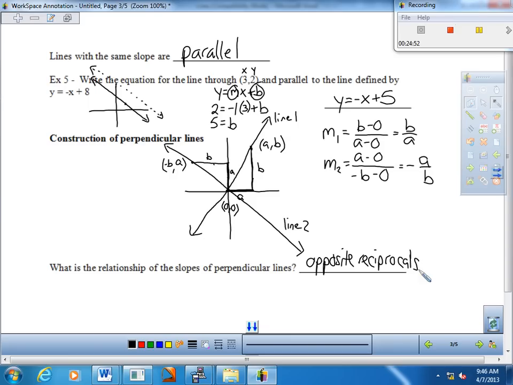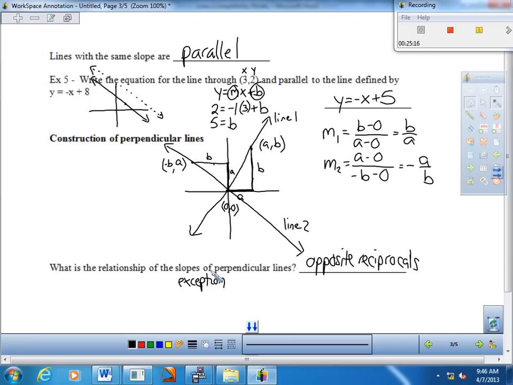Now there is one, just real quick here, there is one exception to the rule. So for just about every pair of perpendicular lines, the slopes will be opposite reciprocals. What would be the one exception to that? And I'll just write it below here. If you don't want to, you don't have to.